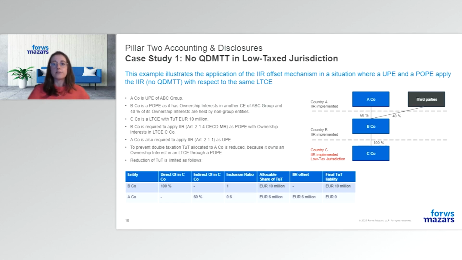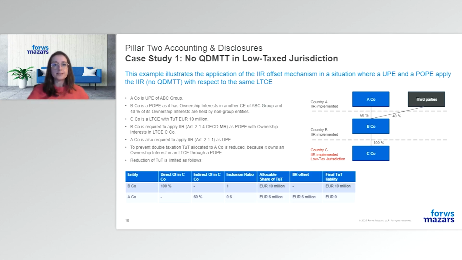And then we have CCO in country C, where also the income inclusion rule is implemented, but country C is a low tax jurisdiction. BCO in this case is a POPE because it has an ownership interest in another constituent entity of the group, and 40% of its ownership interests are held by non-group members.